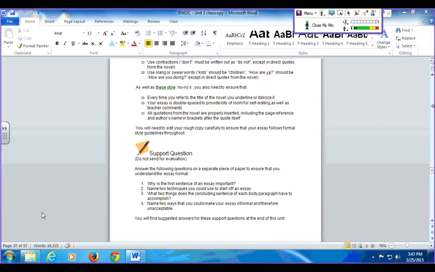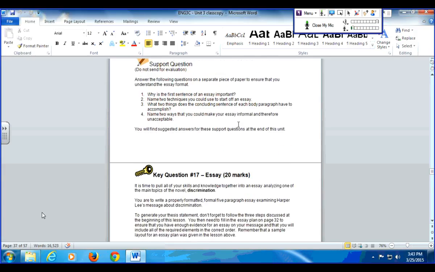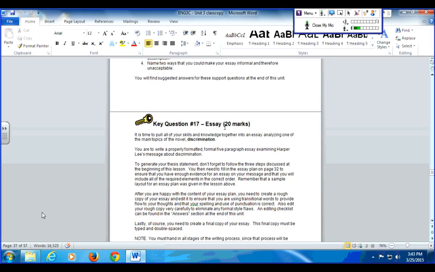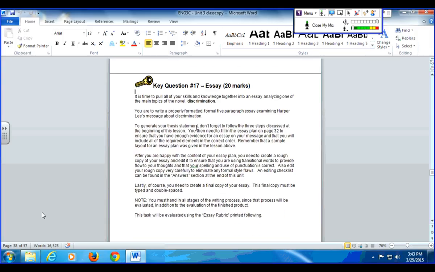And that leads us into our key question 17, which we're going to read through and look at today, and we will work on and finish up tomorrow. Looking at key question 17, this says it's time to pull all your skills and knowledge together into an essay analyzing one main topic, which is discrimination.